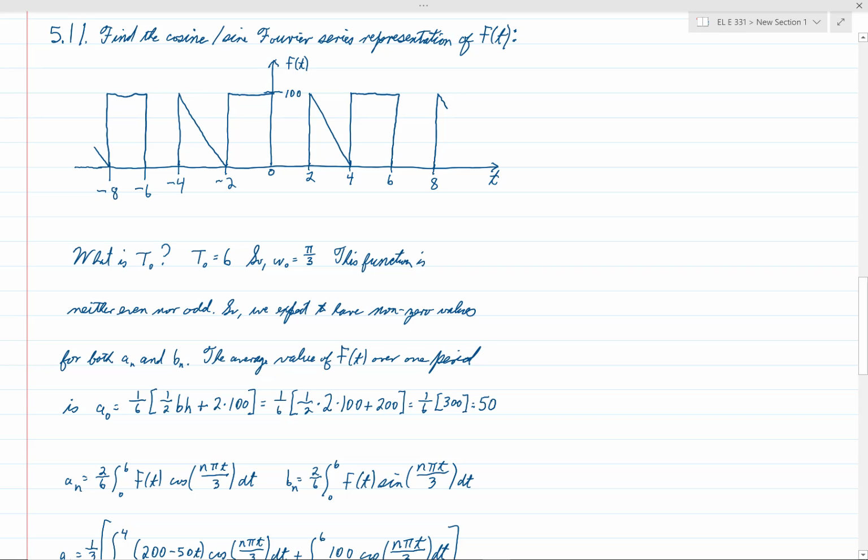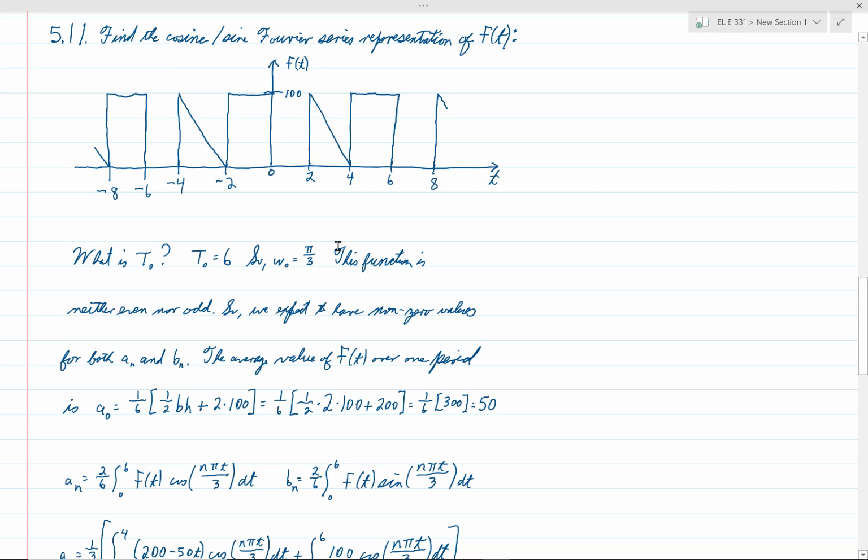Now, for a second example, we are going to look at problem 5.11. Again, we want to find the cosine sine Fourier series representation of f, but now f is considerably more complicated. So we want to be careful to do this very precisely, and so let's see what happens.